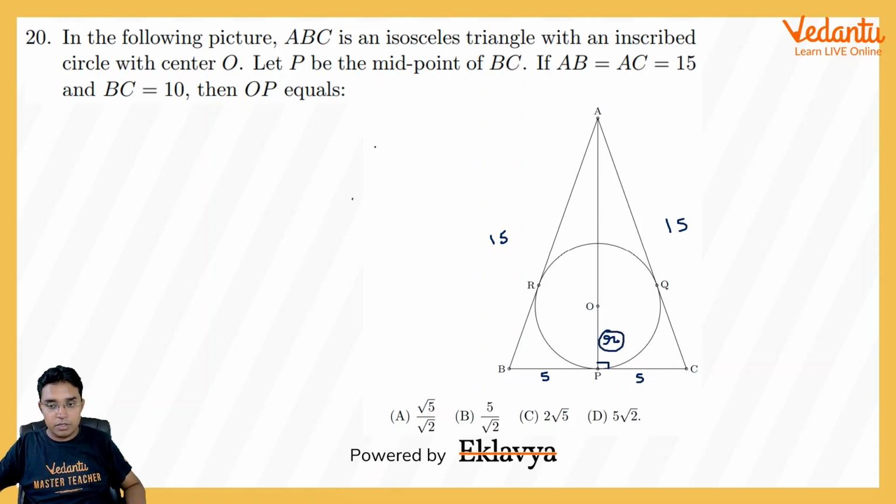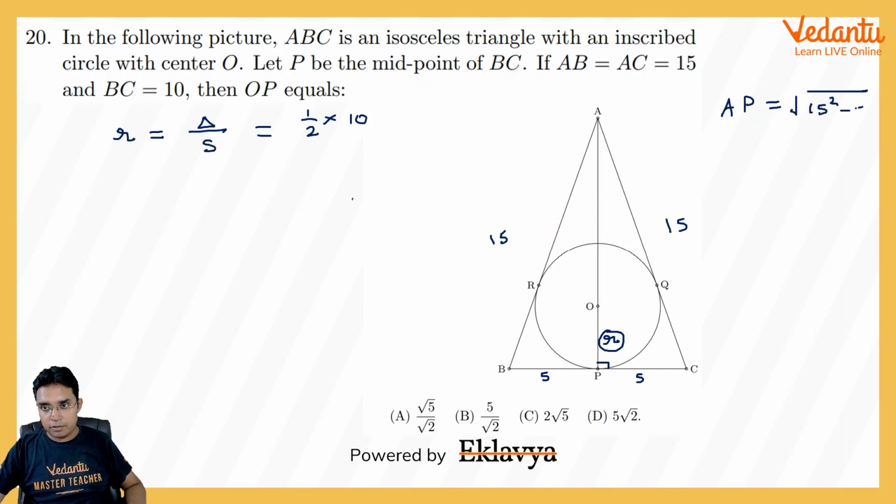So I think this question becomes easier, isn't it? You can use that formula delta upon S. There are other ways also, but I think this one will be easier. Delta will be half into base into height, base is 10, and to find height AP, we can use Pythagoras theorem, 15 square minus 5 square, which will be root 200. So this will be 10 root 2.